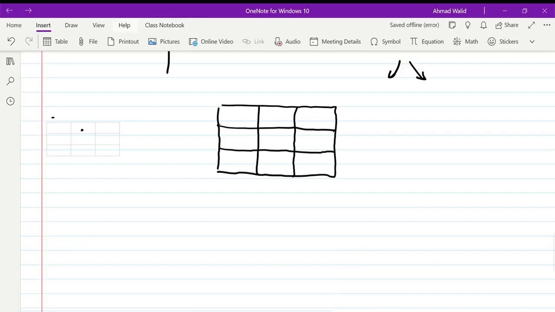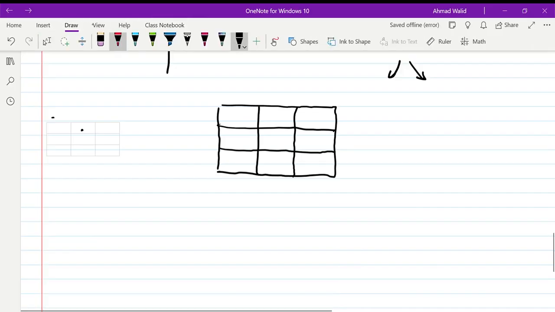Here, n is odd. Here, n is even. Correct?